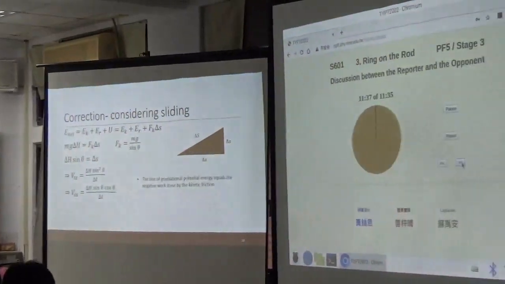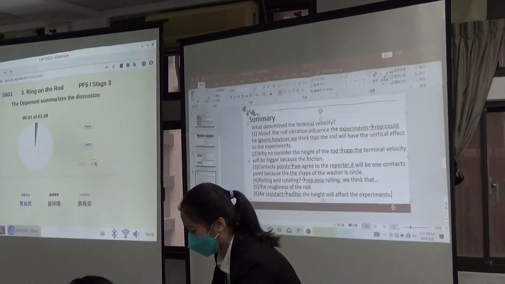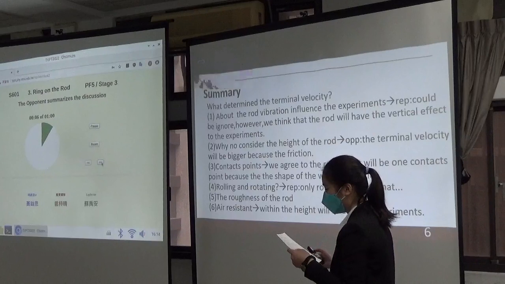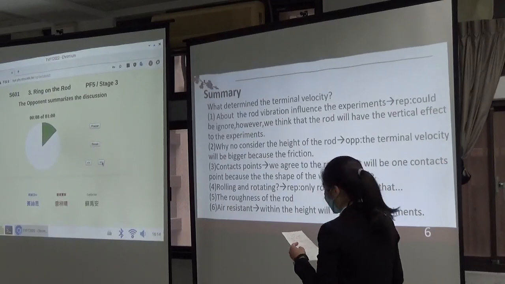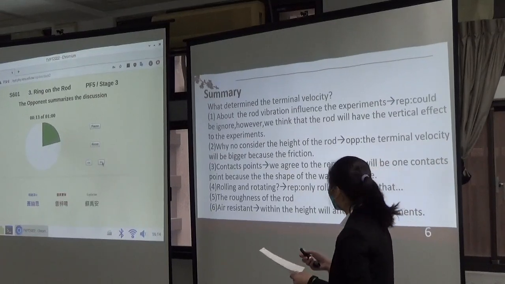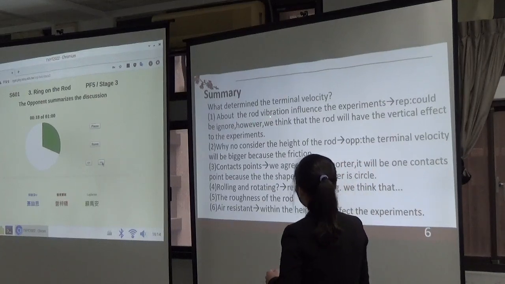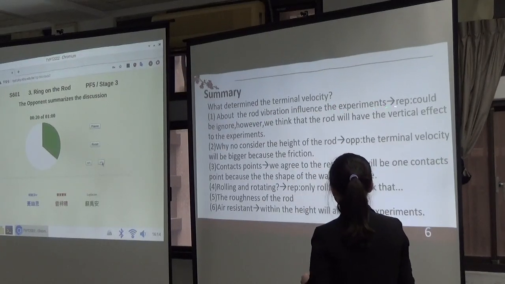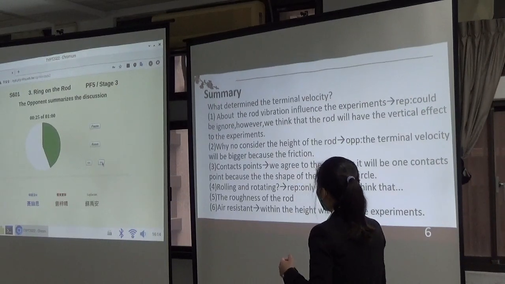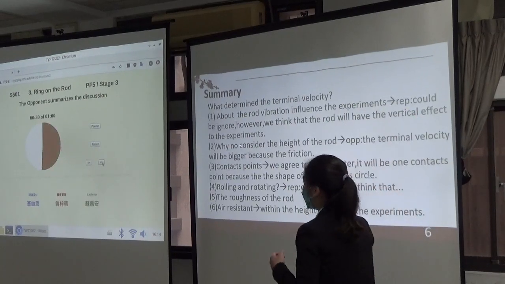Time's up. I have one minute to summarize the discussion. We discussed the contact point, the sentiments of the washer, the vibration of the rod, and also the initial angular velocity, and what determines the terminal velocity. About rod vibration, it will influence the experiment, and the reporter said it could be ignored. However, we think the rod will have a vertical effect on the experiment.